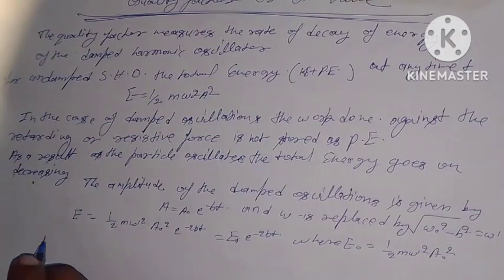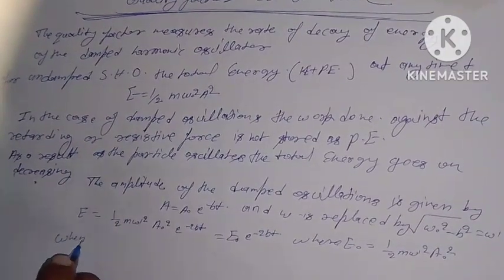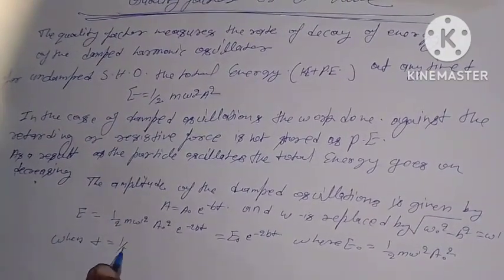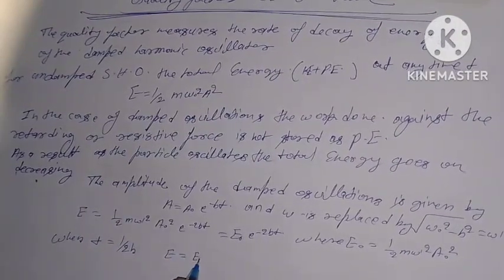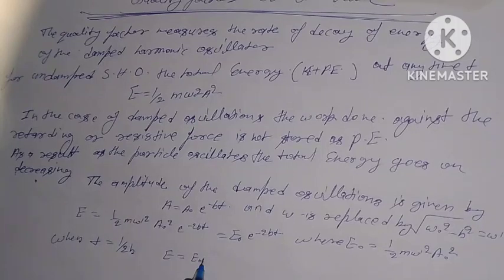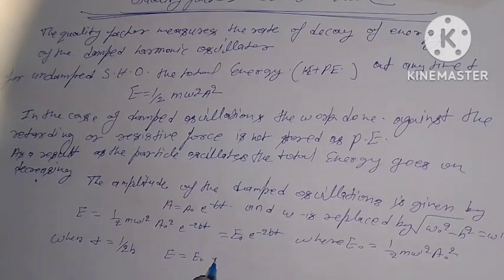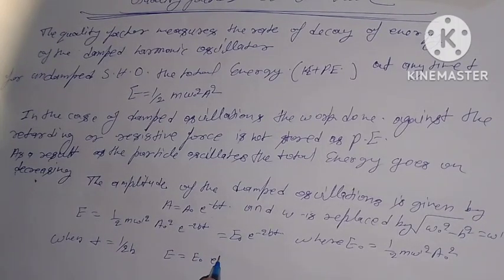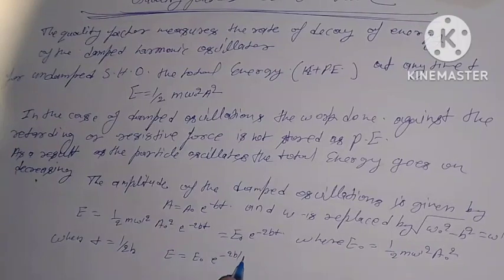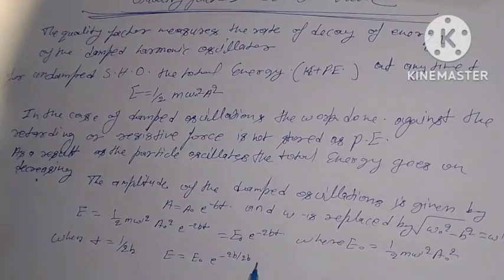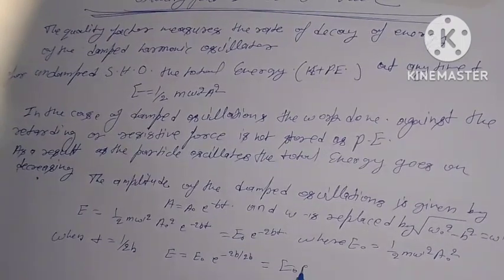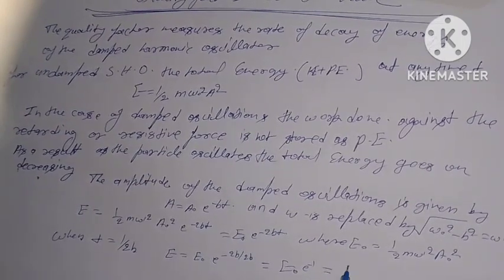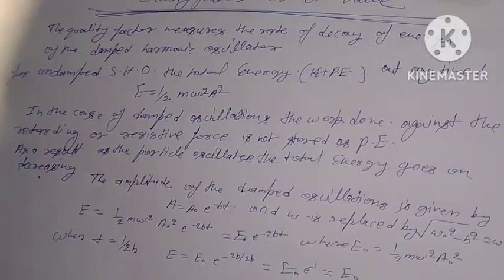Okay, when t equal to 1 by 2b, then energy equals E naught e to the power minus 2b by 2b, that is E naught e to the power minus 1, that is E naught by e.